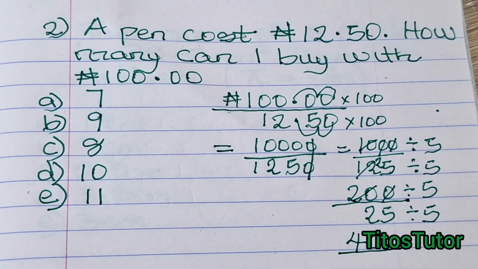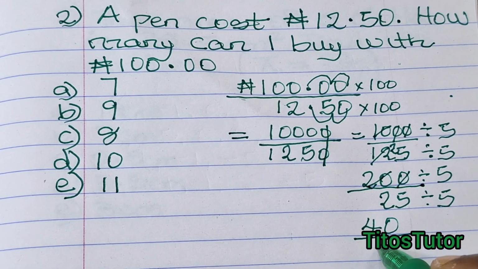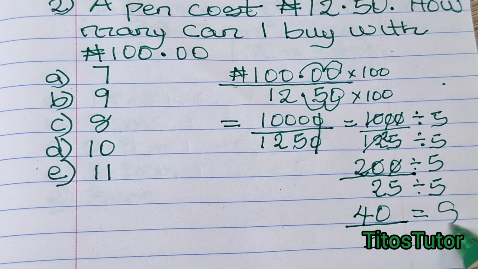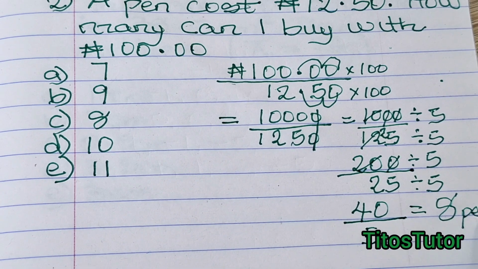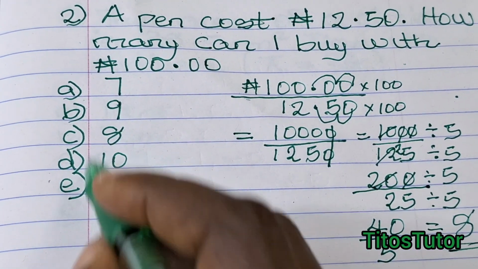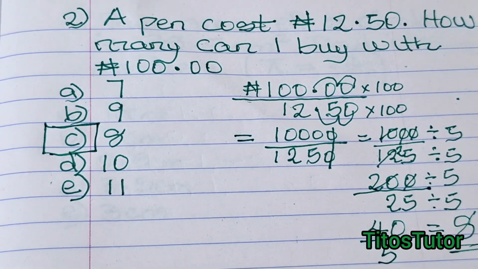How many 5s are in 25? There are 5 5s in 25. Now I have 40 divided by 5 is 8. So I can get 8 pens. So I come to the option and choose option C as my answer.